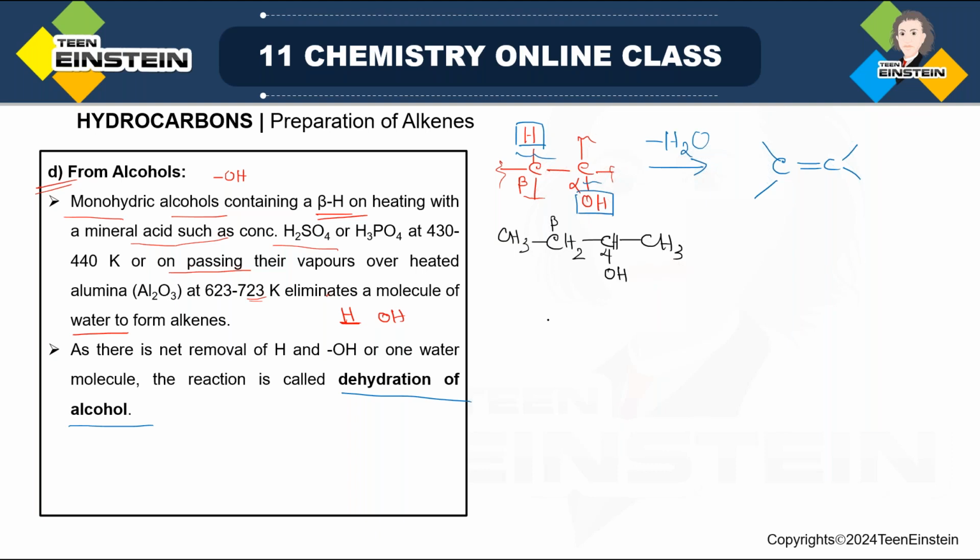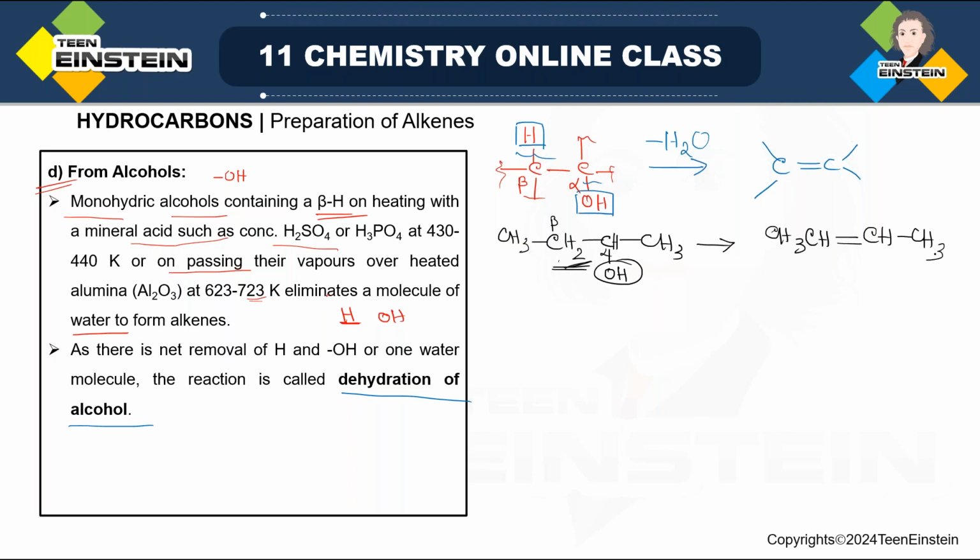In the beta position you have two hydrogens, but you just have one type of beta position, right? So in this case there is a possibility that you will get the alkene like this. One H will be removed from this carbon, and the OH will be removed. So this OH and one of these beta hydrogens will be removed, and ultimately you will get an alkene like this.